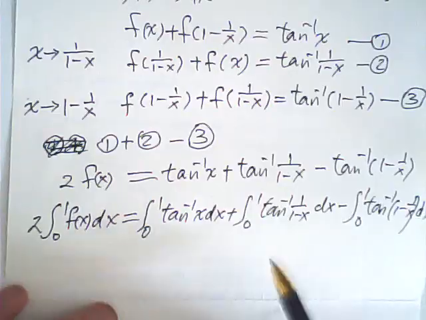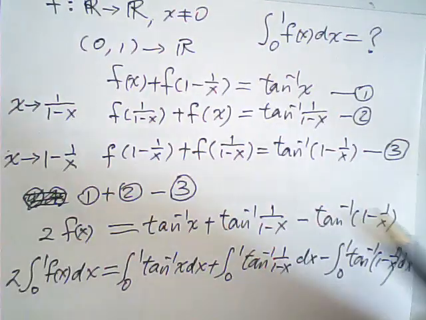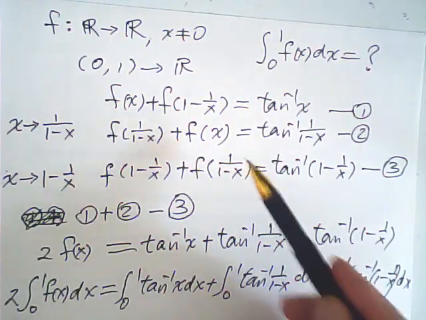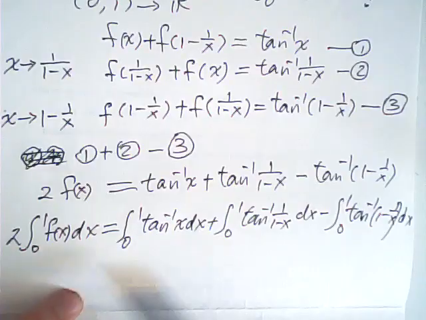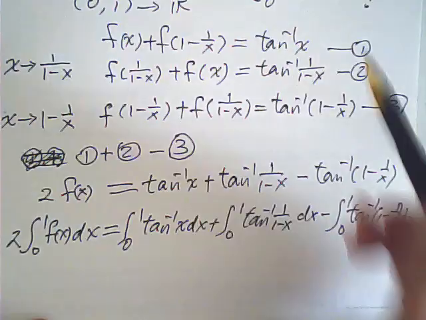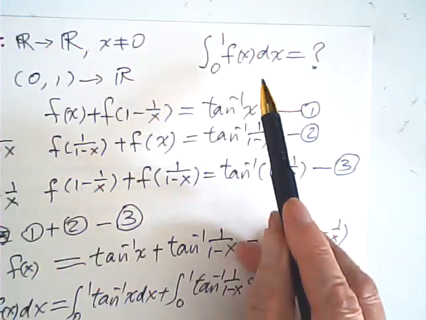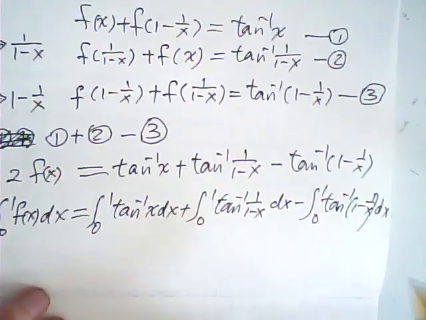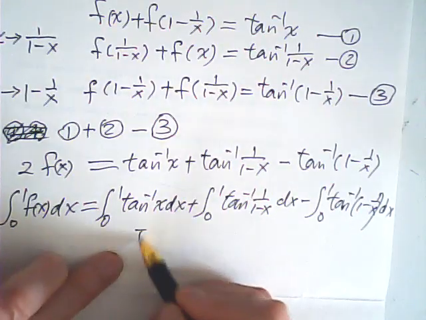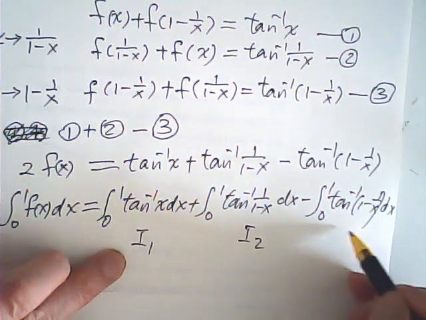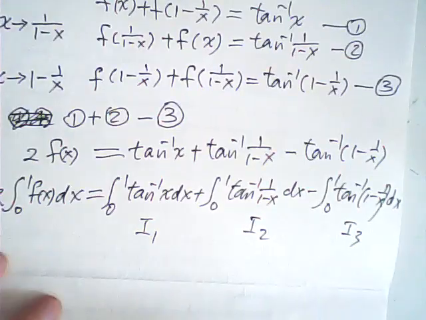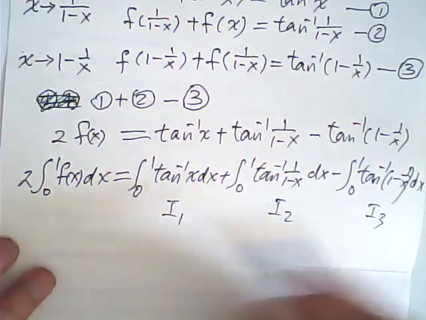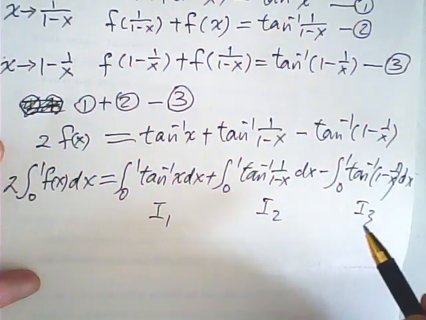Good. That is the idea: to create two more functional equations so that we can find what we want by integrating these three integrals. I call this I1, this I2, this I sub 3. So I just simply do one by one.